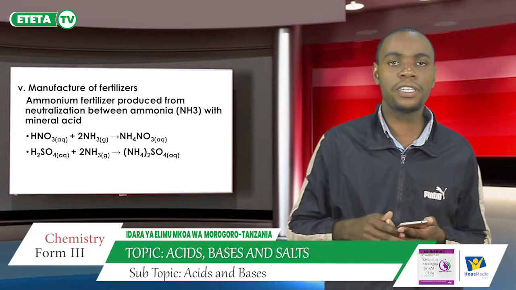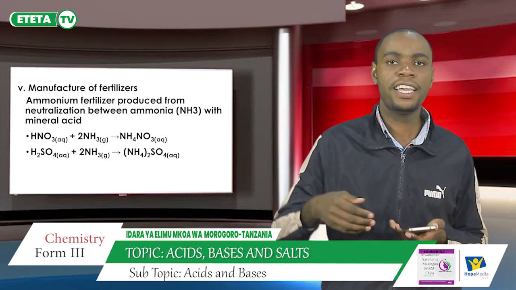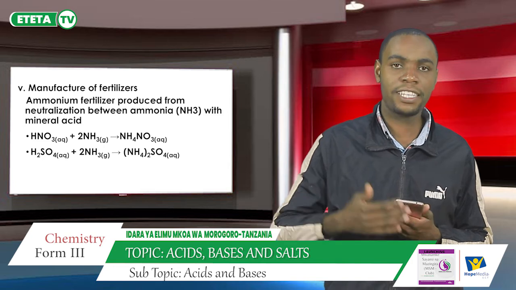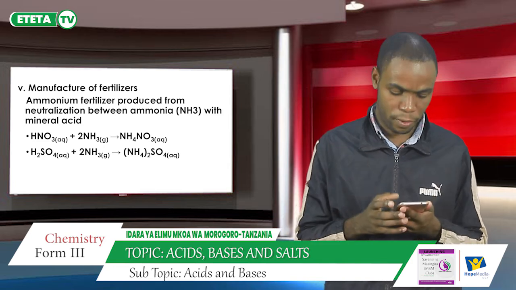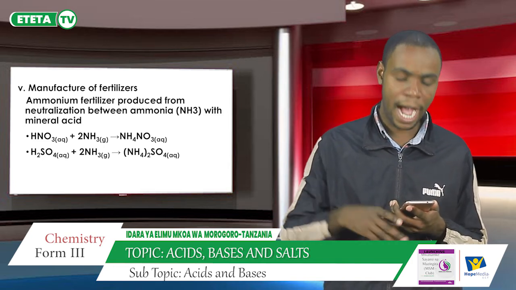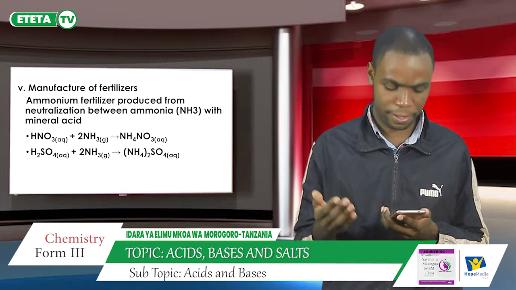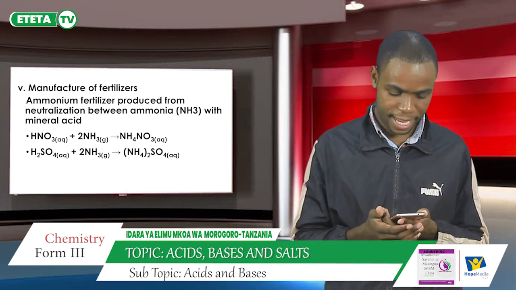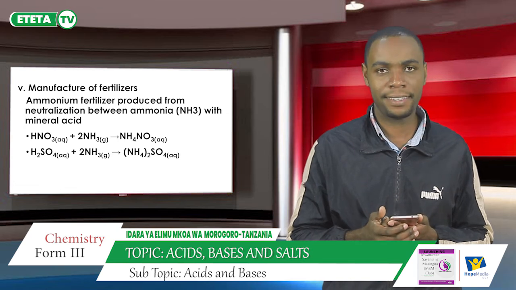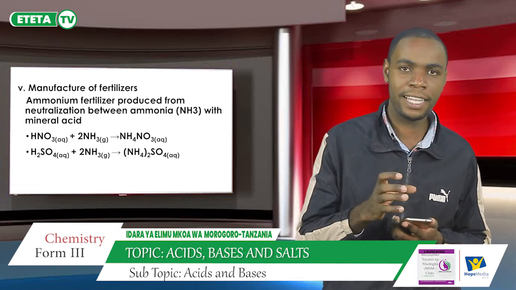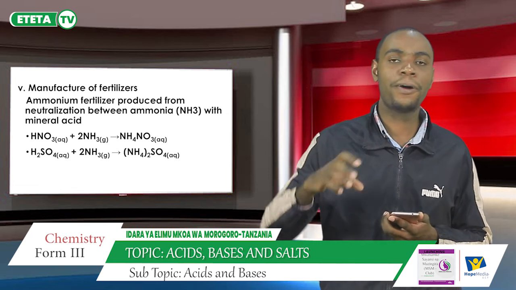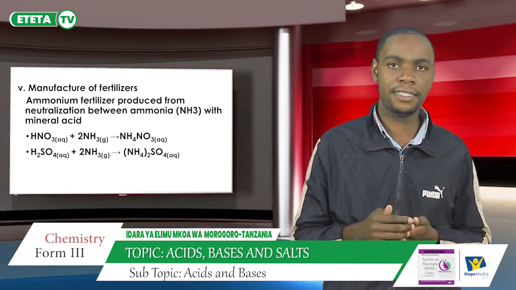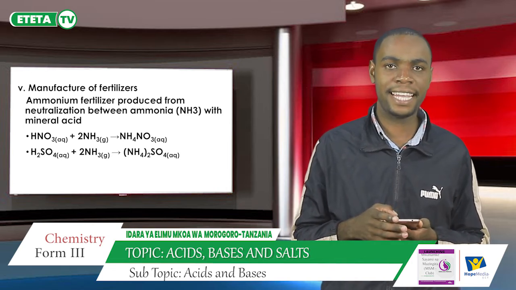Another use is that the neutralization process is used to manufacture fertilizer. For example, ammonium fertilizer is produced from neutralization between ammonia gas and a mineral acid. If you take a mineral acid and react it with ammonia gas, what is produced is ammonium fertilizer.